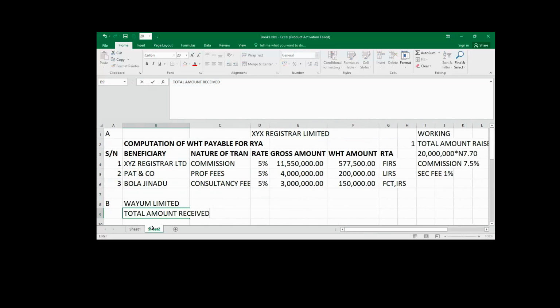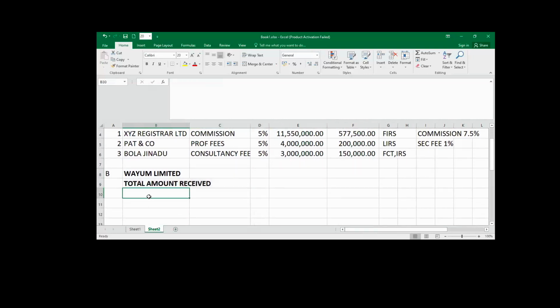Is that not so? Yes, 154 million. Total money raised is 154 million.